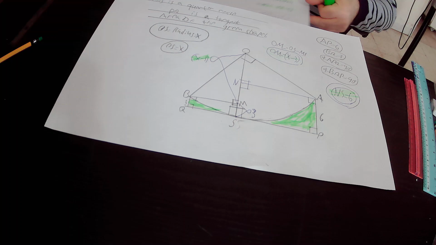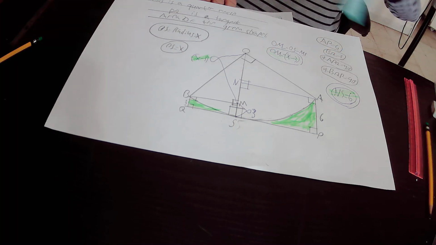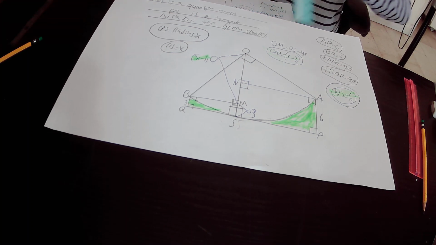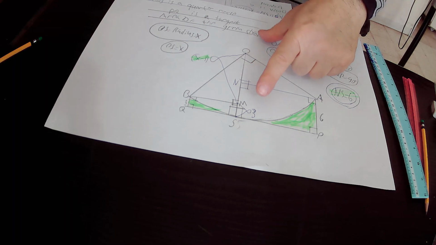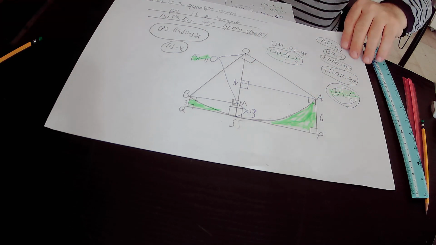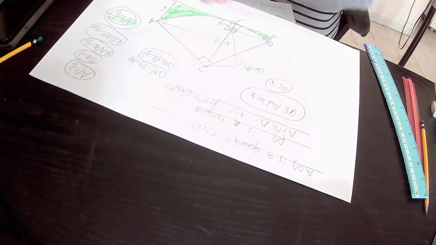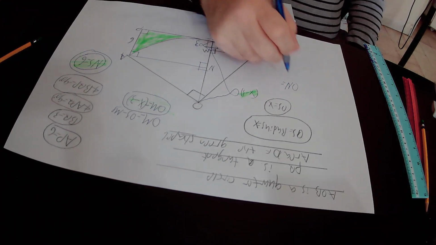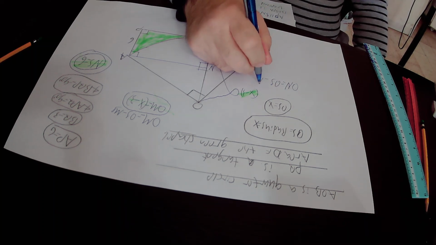Okay, so what is the length of this line segment ON? From the drawing, it is very easy to see that ON equals OS minus NS. So I write it down: ON equals OS minus NS.